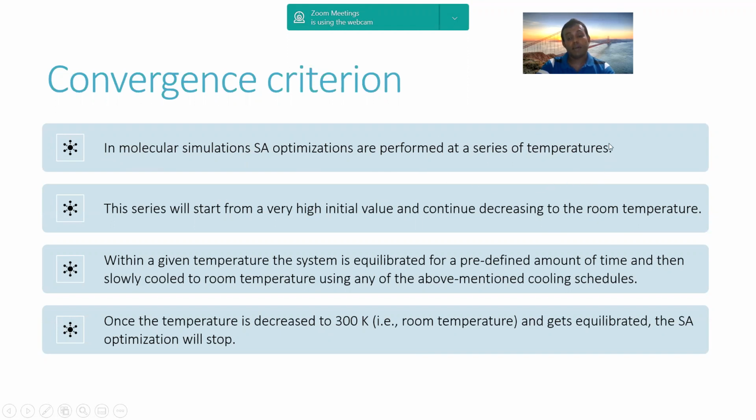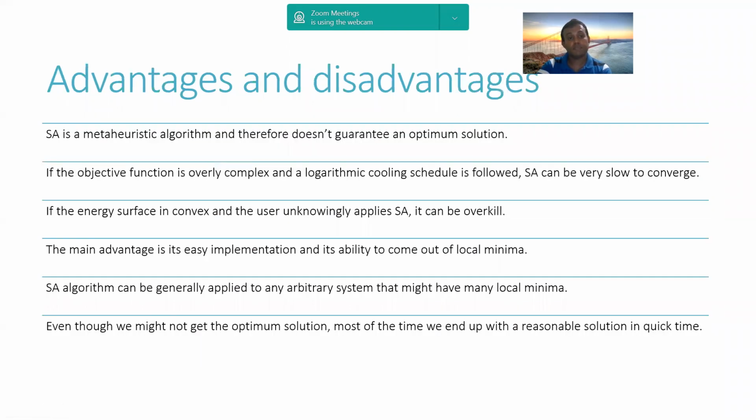And finally, after we have equilibrated the structure at room temperature, the simulation will stop. Another criterion is if the change in energy for subsequent steps is below a particular threshold value, that also can be taken as a convergence criterion to stop the simulation.